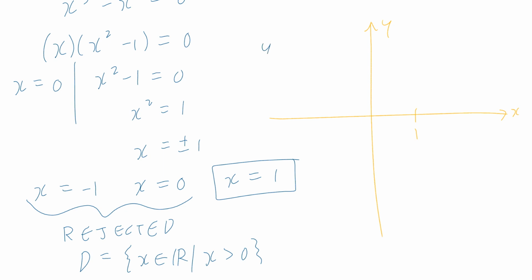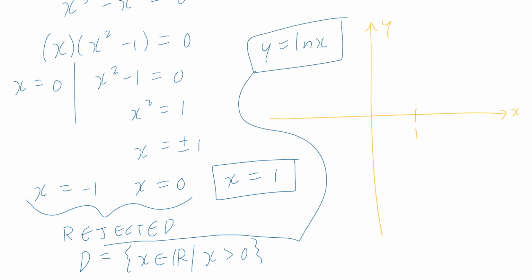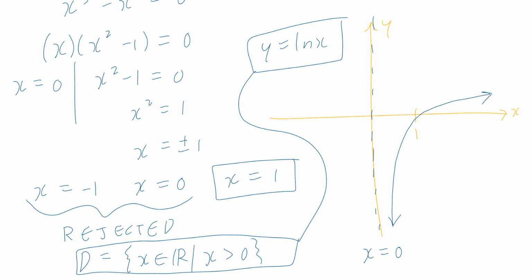When I think about y equals ln x, and again, that's the domain I'm referring to, x must be a positive number. It's going to look, roughly speaking, something like this. Again, there's a vertical asymptote located at x equals 0.